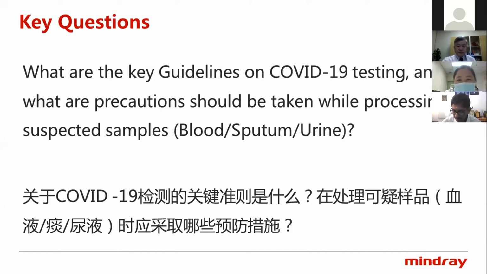For these test items, we try our best to run all those tests in this dedicated COVID-19 only area so that we can reduce the protection for all the staff. Not every person needs to reach level 3 biosafety protection, and that would solve the challenge, as Dr. Sanka mentioned, on the lack of human resource.